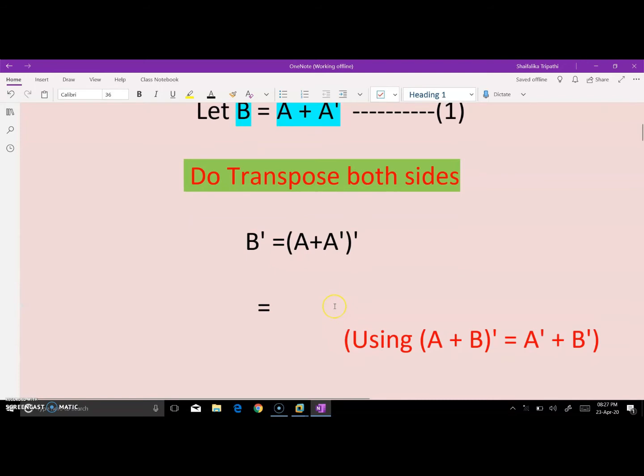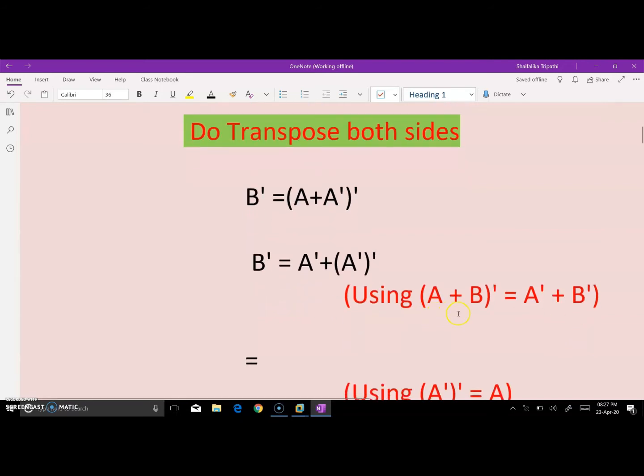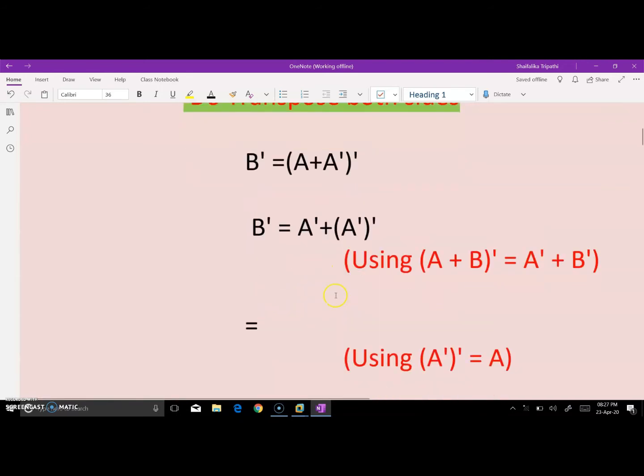Now next step, left hand side remains as it is. As you know the properties of the transpose of matrices, I have already written the property that we are using here. That is A plus B whole transpose. Now in the place of B, we are having transpose of A. So the right hand side will be A transpose plus A transpose and the whole transpose, because at the place of B we are having A transpose here.